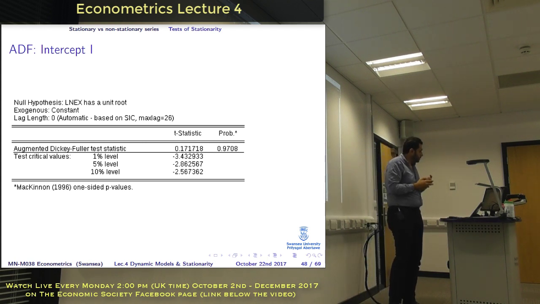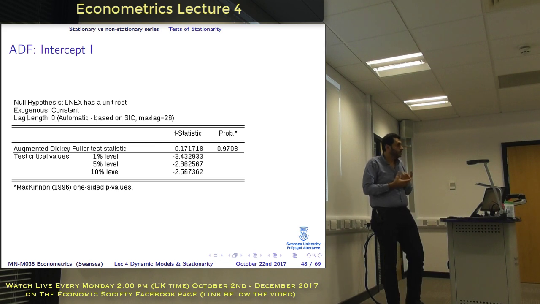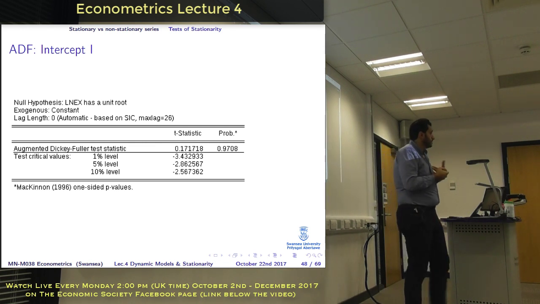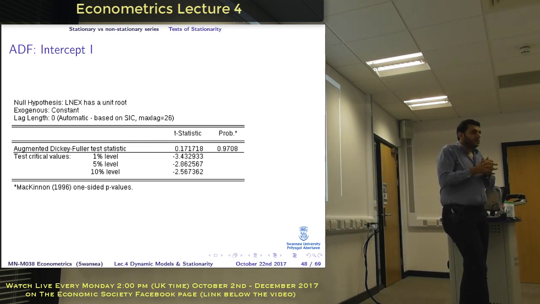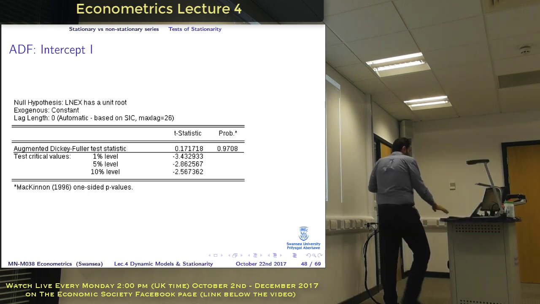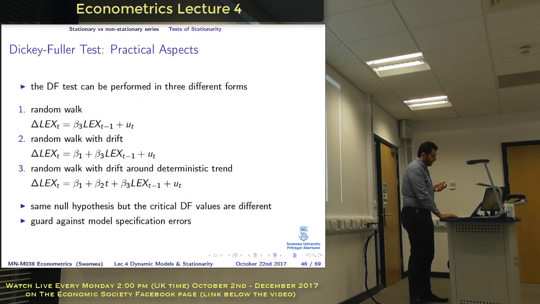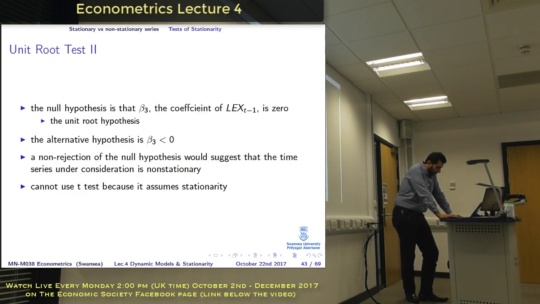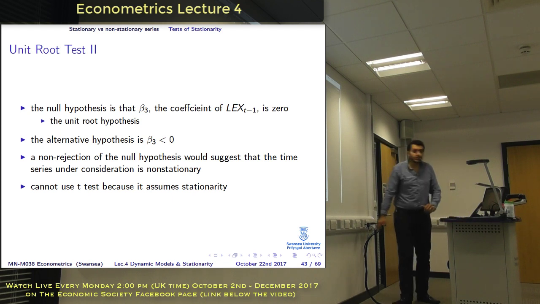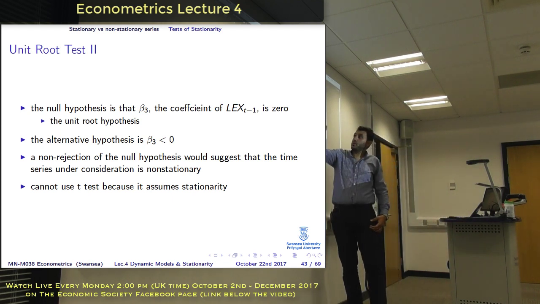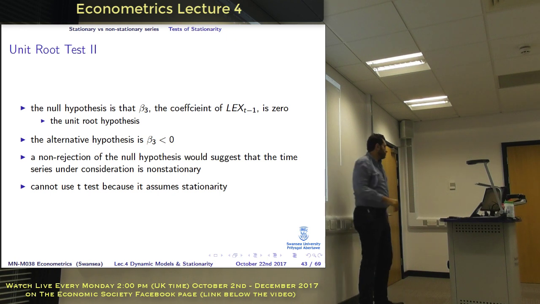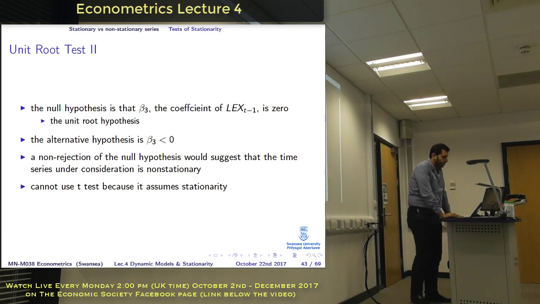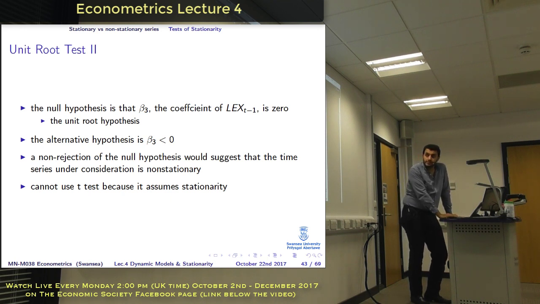So what do we need to look at here? What is the null hypothesis? You remember, going back to this, the null hypothesis is that beta 3 in that equation, which is the coefficient of the dependent variable lagged at time t-1, is equal to 0, and the alternative is that beta 3 is less than 0.